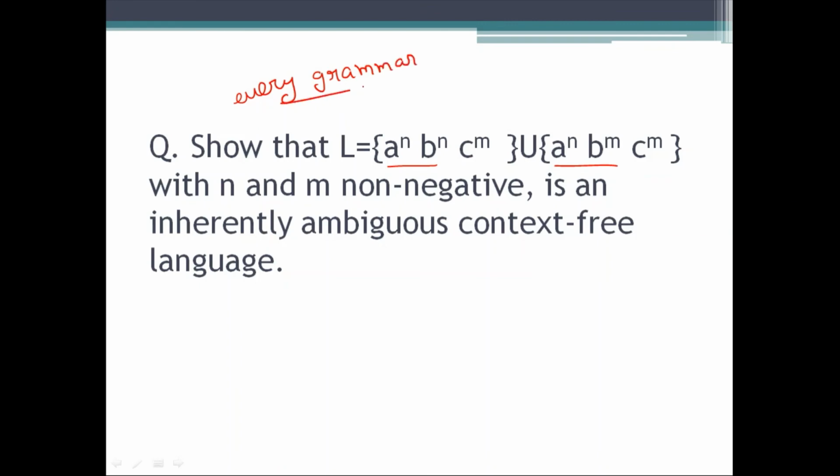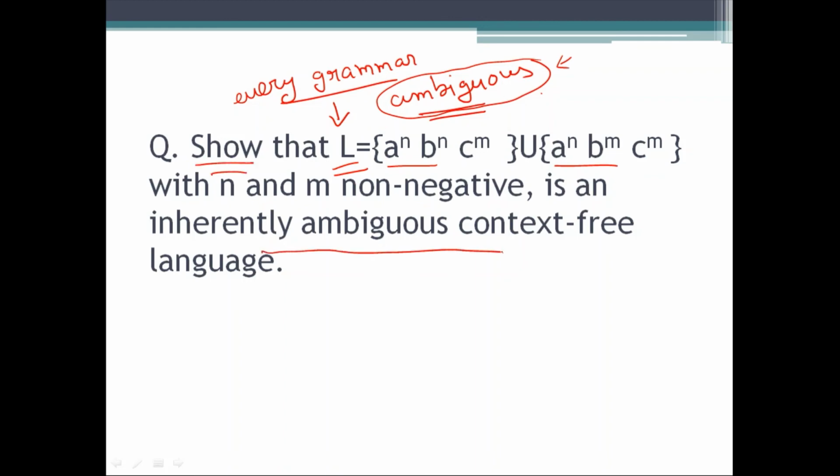Every grammar that is going to produce this L must be ambiguous. The question looks a bit tough but it is very easy. If you go through it, you have to show that this is inherently ambiguous, so definitely all the grammars that generate this language will be ambiguous. Fine. So there are two or three things you must always remember.